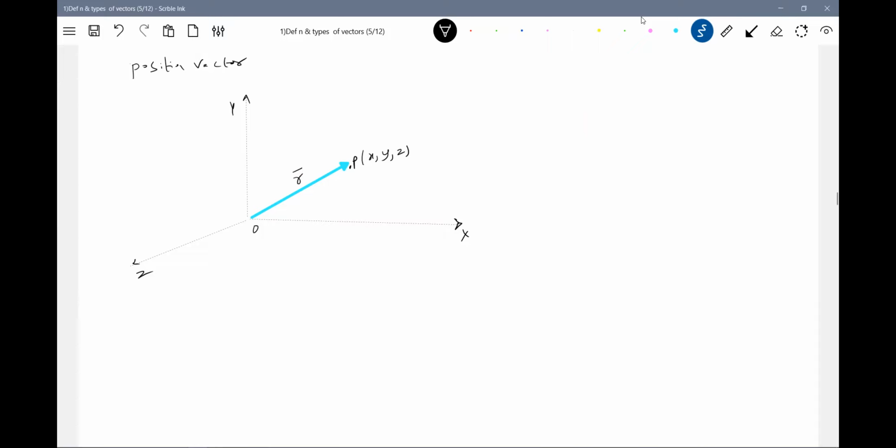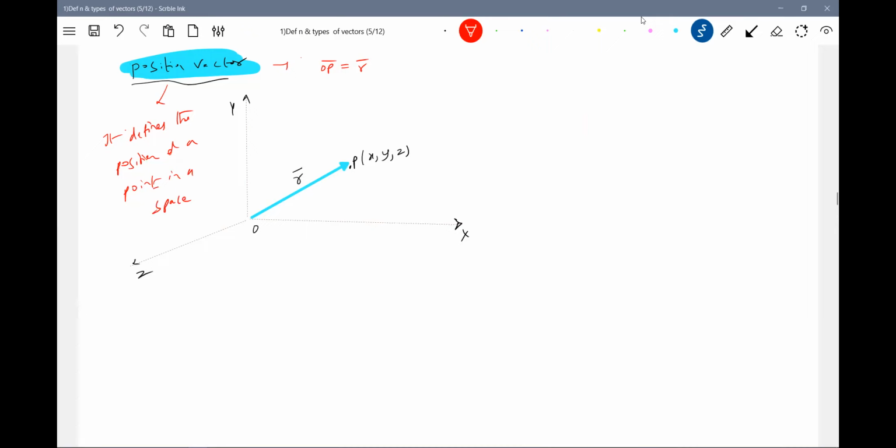I'll call that R bar a position vector. What is the use of a position vector? It is used to define the position of a point in space. So here OP bar is equal to R bar. This R bar is called a position vector, and it defines the position of a point in space. Almost every problem will be dealing with position vectors.